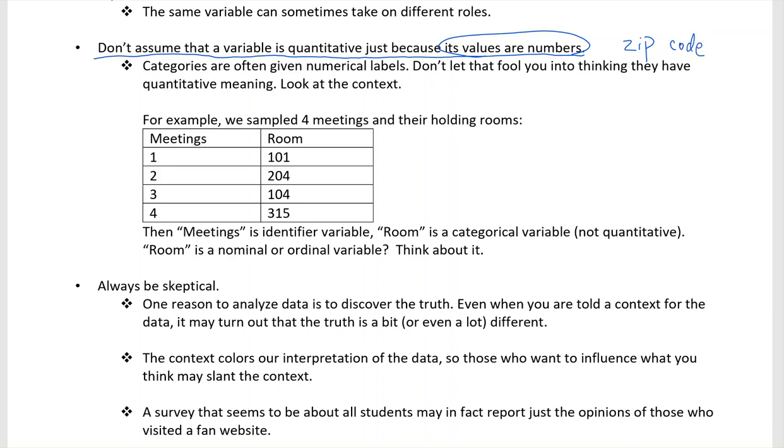Zip code. Something like student ID number, social security number.